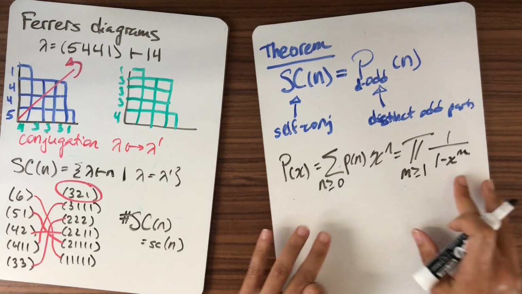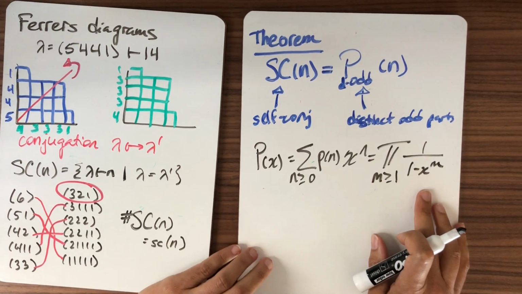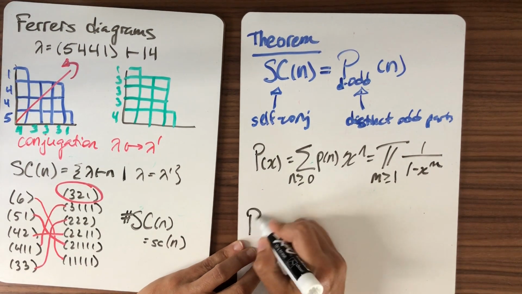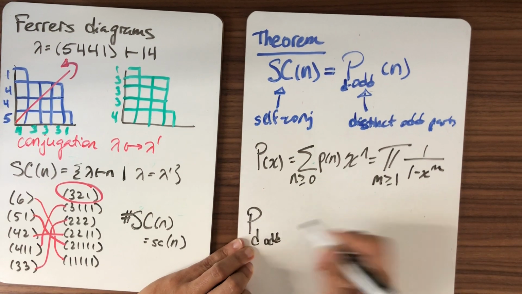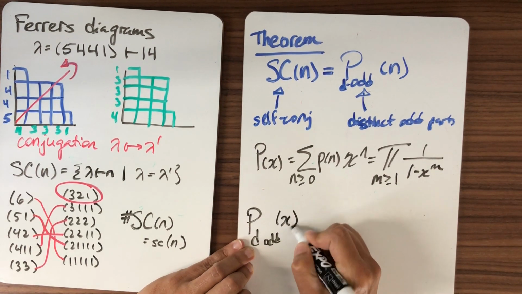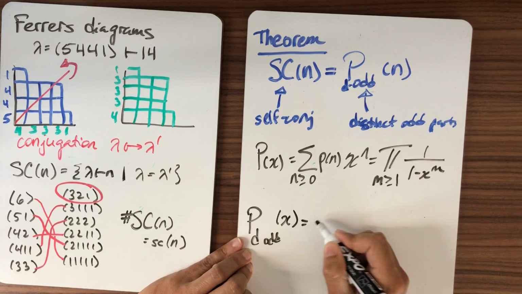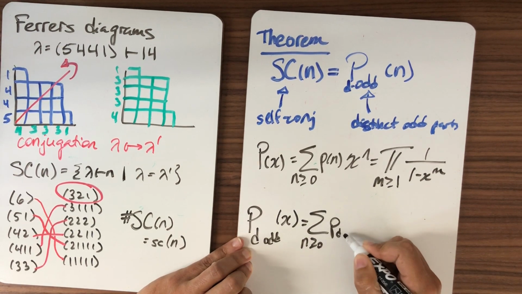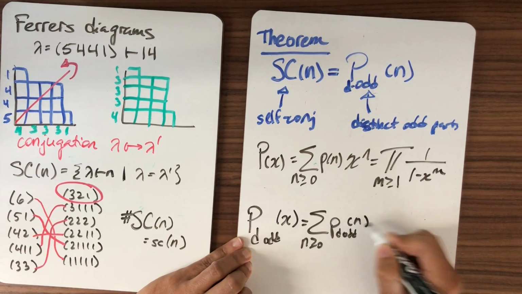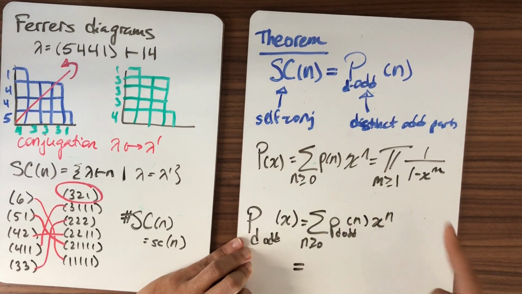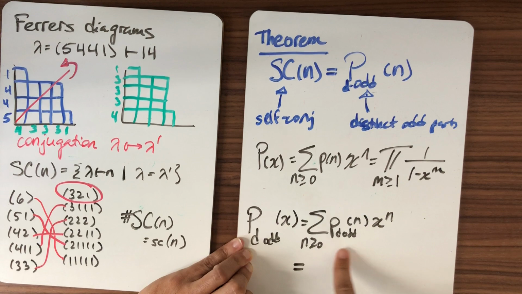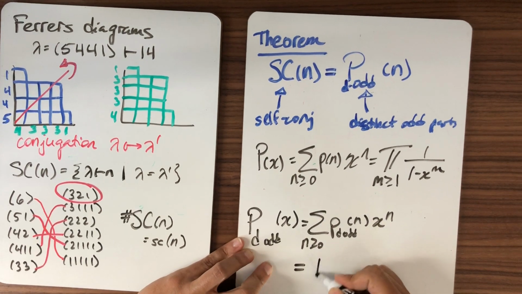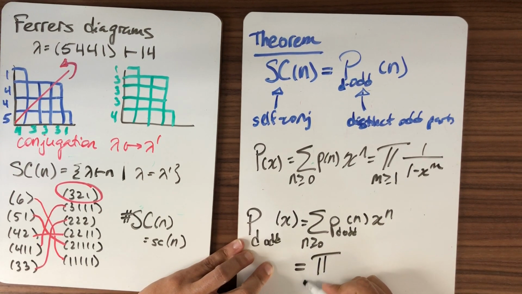Well, that's pretty easy as long as we keep remembering what this stands for. So p distinct odd of x, let's make it a generating function, is equal to the sum n greater than or equal to 0 of p into distinct odd parts of n, x to the n. What is that? It's just going to be picking off the terms here that satisfy my constraint. So here, it's going to be the product of m odd.